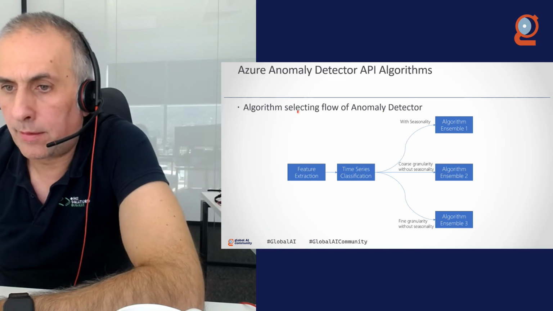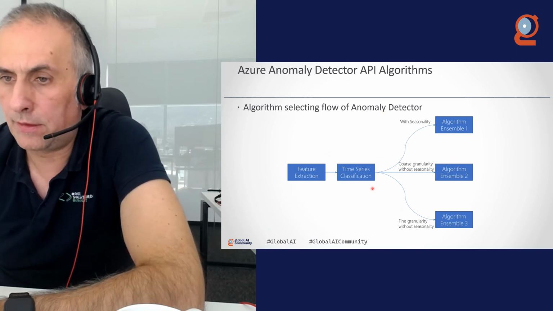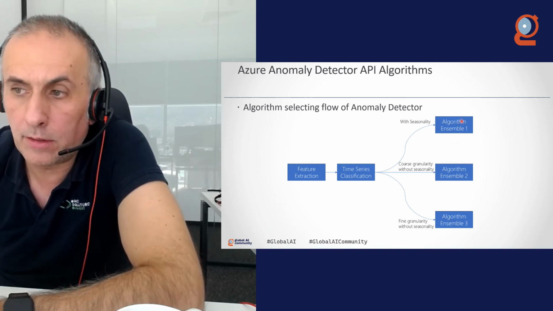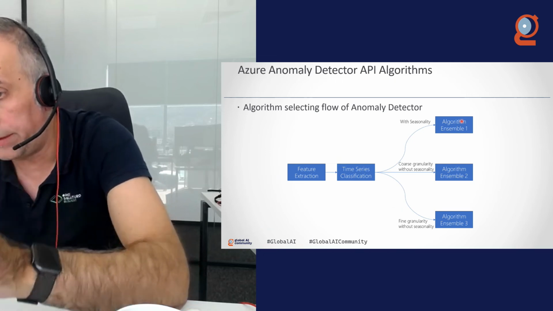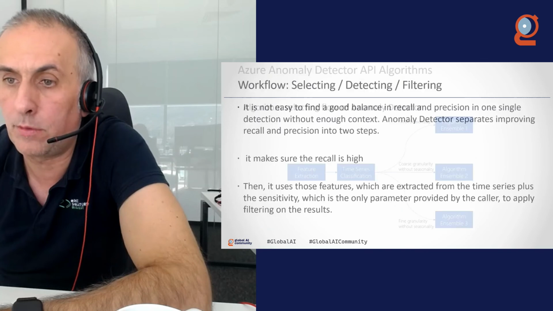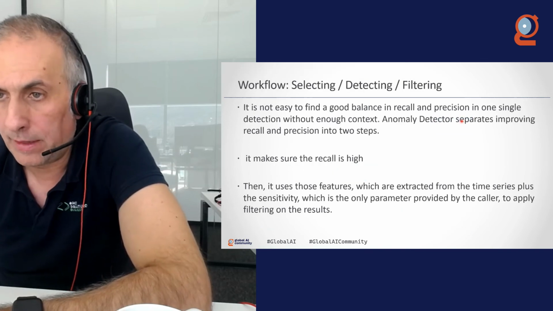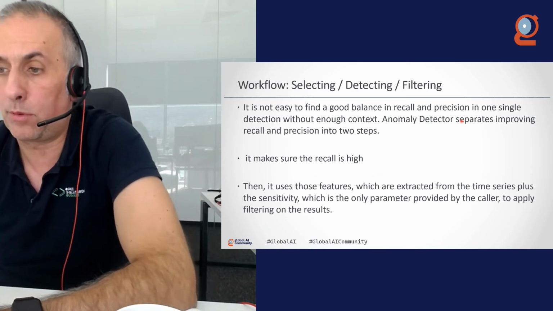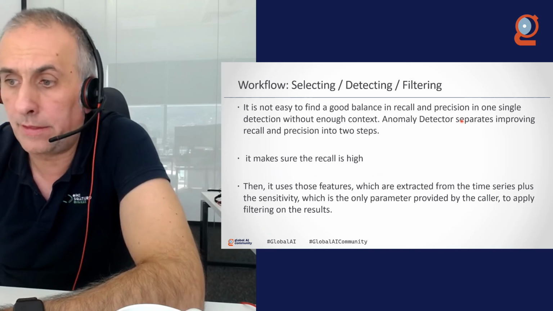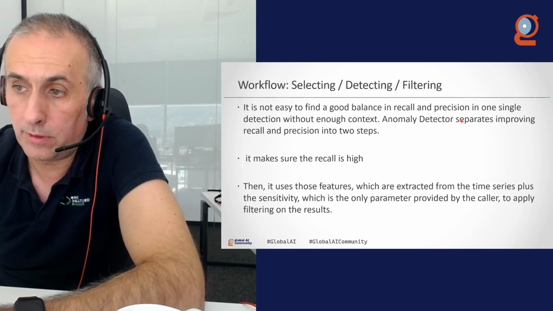How does it work? Data is ingested. We have internal classification, and based on this, the specific algorithm is selected. You have no need to know details about this. This is something which is done by the Anomaly Detector service. This is actually the most important thing when we use such a solution. It is not necessary to understand in detail how this algorithm works.